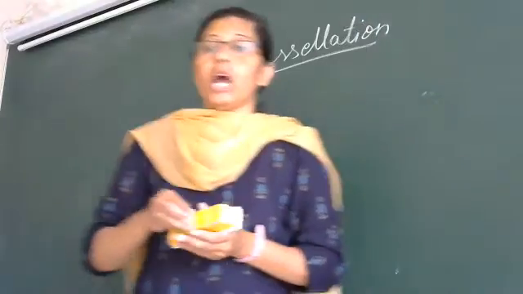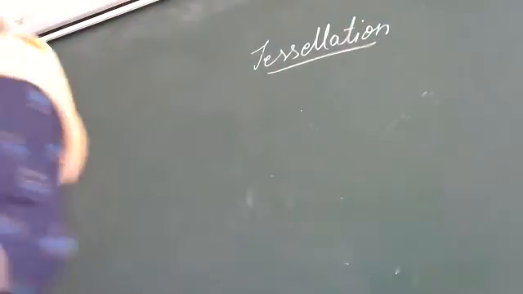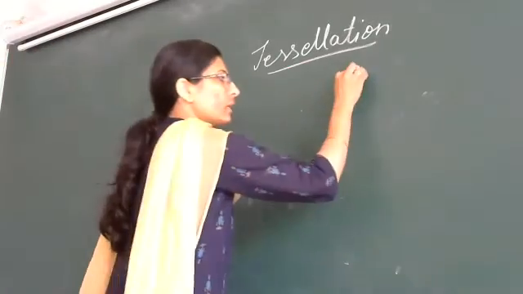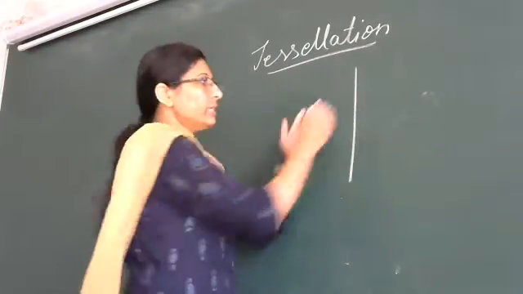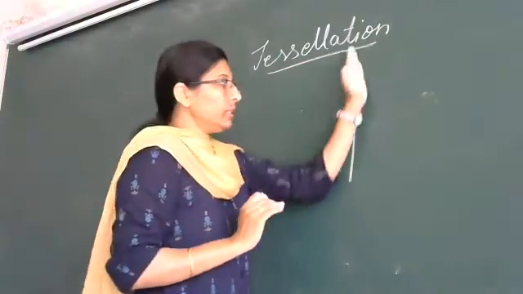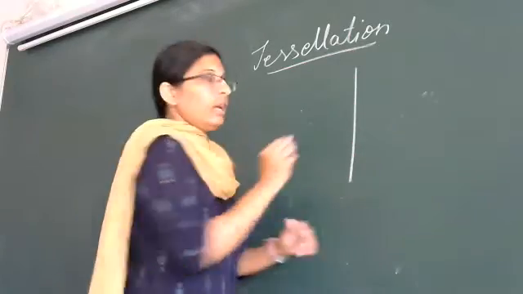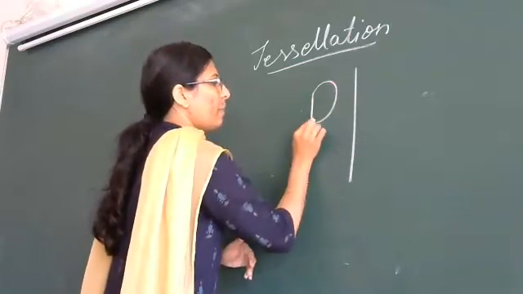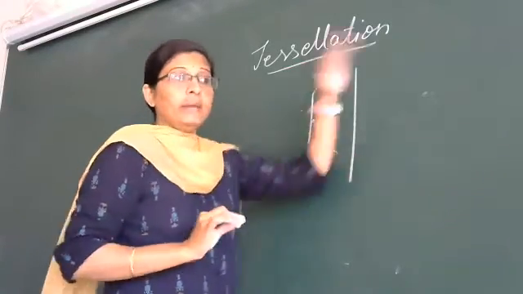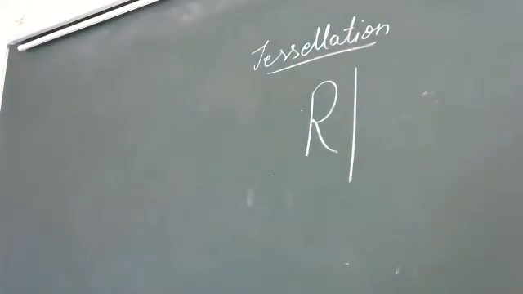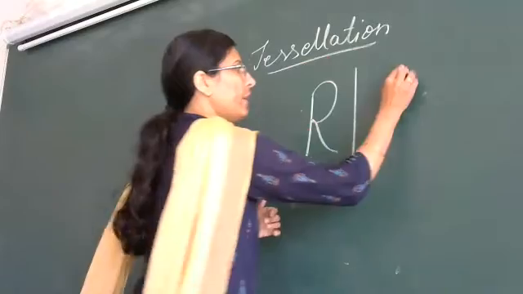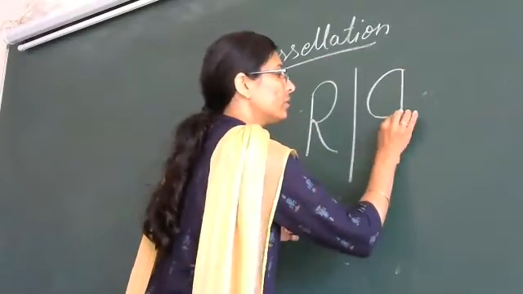Opposite it is. Now, for example, see here, if we consider this is a mirror. If I draw the alphabet R here, in the mirror how will it look? Ma'am, opposite. It will look like this.